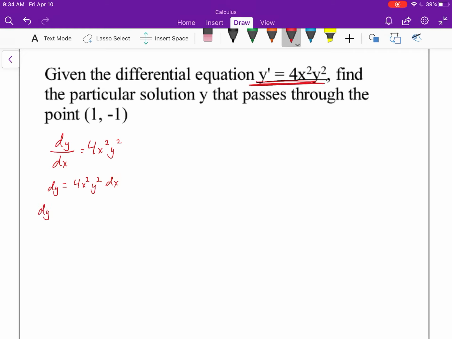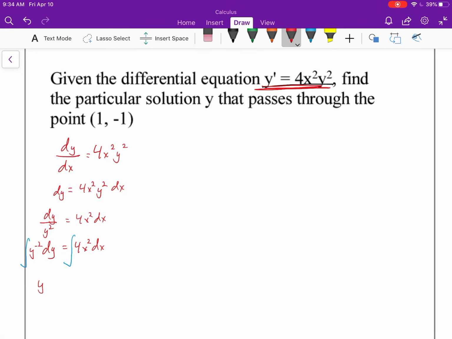So we have dy over y squared equals 4x squared dx. Normally we put y to the negative 2, and we have 4x squared dx. Now we are going to integrate both sides.